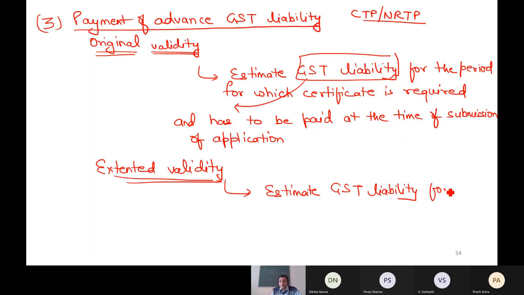So this is a new term, the extended period: beyond 90 days, or beyond 40 days, beyond 30 days, it depends on the validity of my original registration certificate.